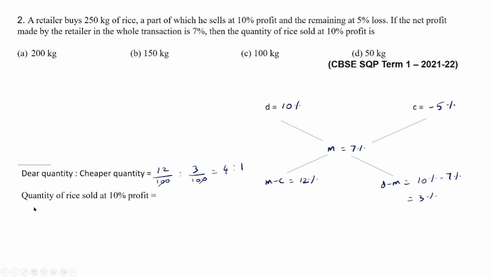So from this we can find the quantity of rice sold at 10% profit. It will be 4/(4 plus 1), that is 4/5 into 250, which is equal to 200 kg. So the quantity of rice sold at a profit of 10% is 200 kg. So the correct option is option A.